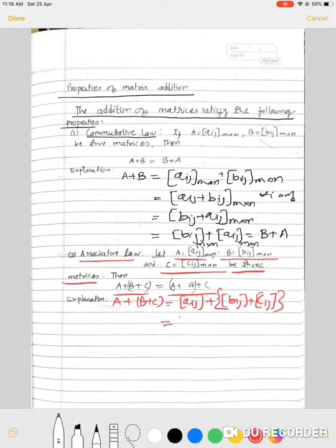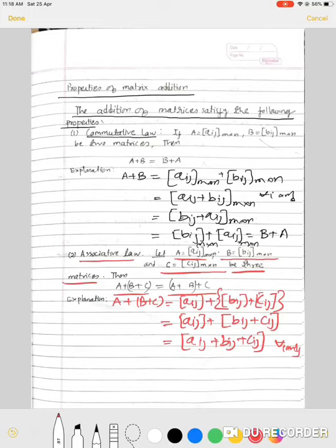We can find here Aij plus (Bij plus Cij) is equal to, we can write here, (Aij plus Bij) plus Cij for all i and j.